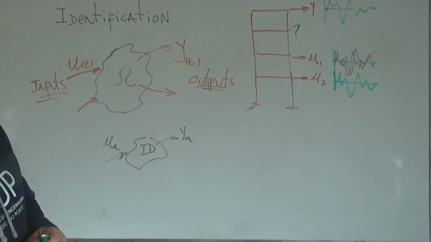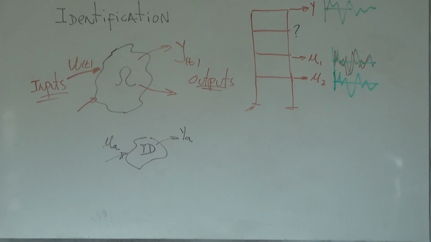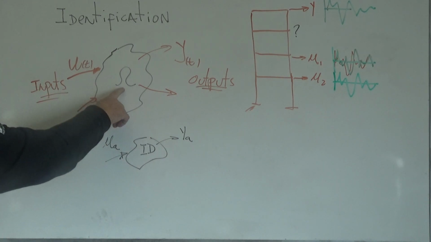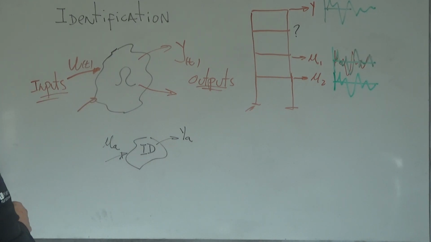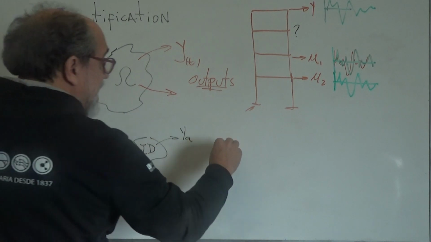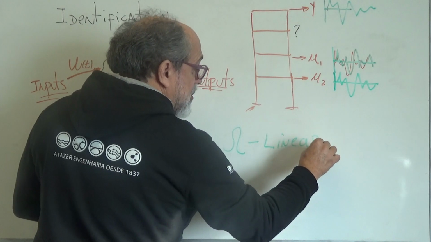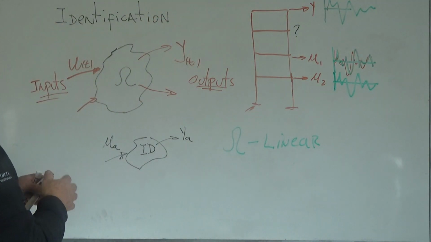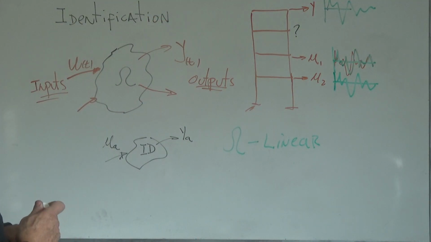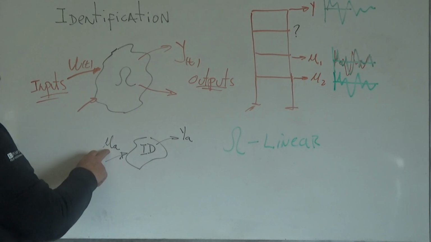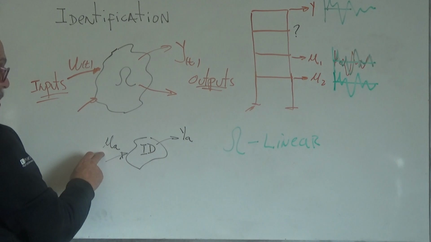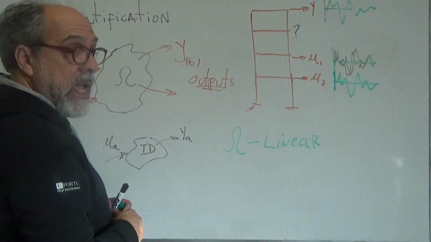However, if we can make the assumption that this omega is linear, okay? If we assume that omega is linear, or if that happens to be the case, then many things become possible. And by linear, what do we mean? That if UA gives YA, then 2UA would give 2YA, right?